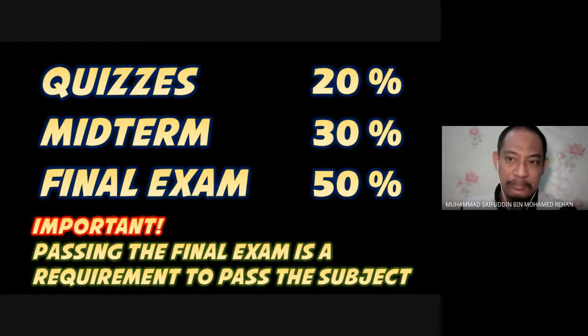For any student to pass any particular subject, you have to pass the final exam. Even though the passing mark is 50%, if you get quiz full mark and midterm full mark, then you already secure 50%, right?